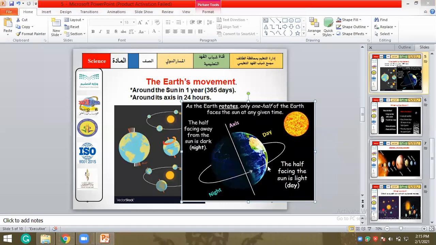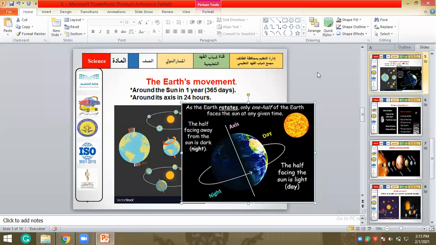Yani only one half, yani nus. The half facing the sun is daytime, and the other half which is not facing the sun is dark, which is night time. Understand? Okay. So there are two kinds of movements of the earth.